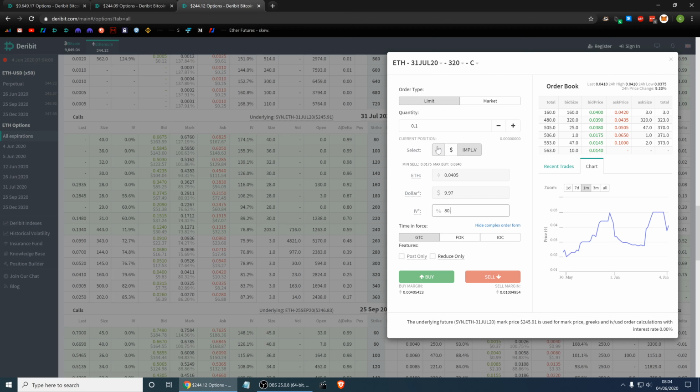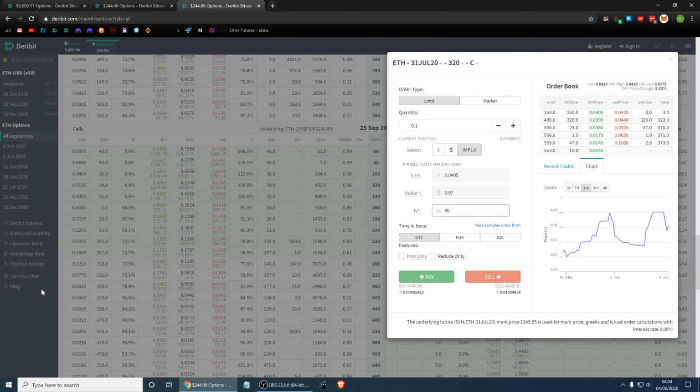I assume that there is a system which just flags all the good offers to some humans sitting in front of computers, and it's for them to manually approve some of these offers, to approve filling some of users' offers. So in my experience, you can sometimes wait for like 10 minutes, 5 minutes, 20 minutes, maybe half an hour. So leave these orders at the implied volatility that is of your interest and see where do you get the fills. And usually the fills are just above the mark price.